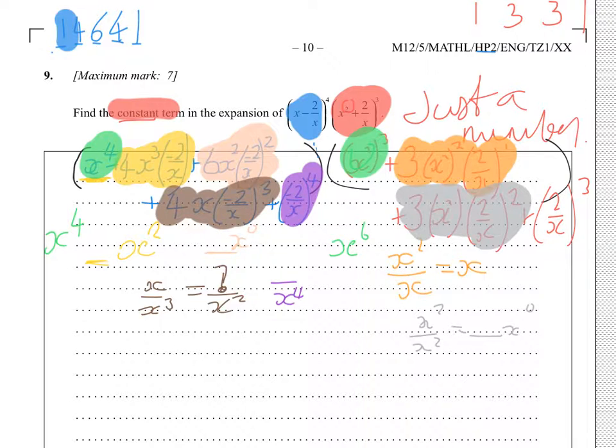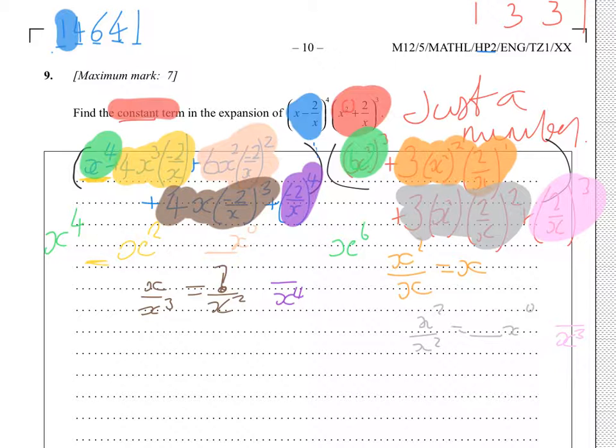And the last one will be something over x cubed. So there's a lot of things I'm doing here that you might do in your head when you're actually writing it down. But the question is, where are we going to get any constant terms from?